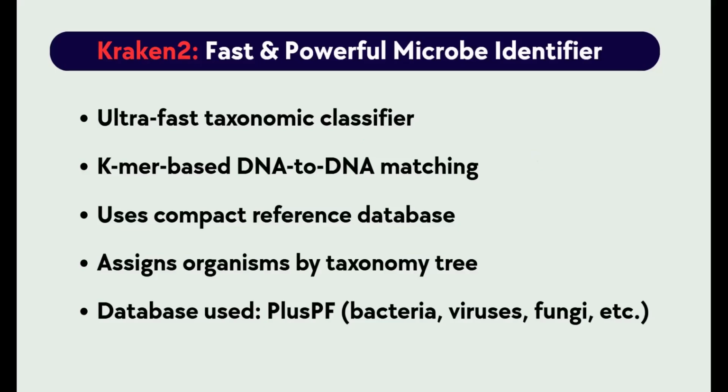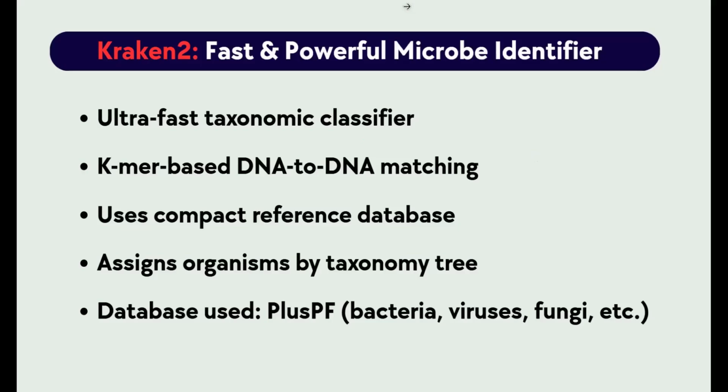So Kraken 2 says, I can't tell if it's exactly E. coli or Salmonella, so I'll say it belongs to their shared ancestor group, Enterobacteriaceae. And this strategy avoids overconfidence. It doesn't guess a species unless the evidence is super clear. This helps reduce false positives and gives us a reliable estimate of what microbes are there.